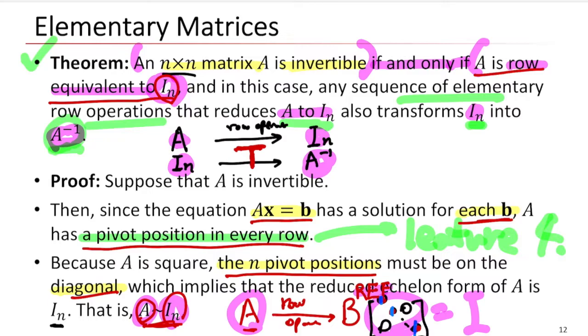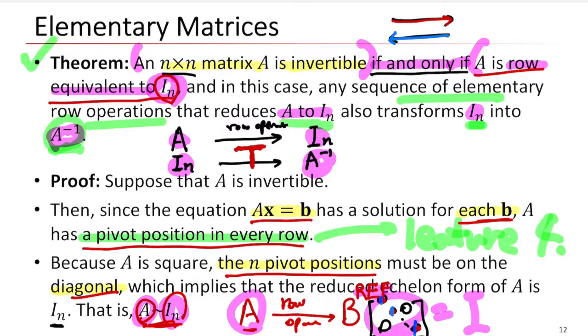By the way, last week I mentioned the meaning of if and only if. What is if and only if? This forward relationship is true, and this backward relationship is also true.